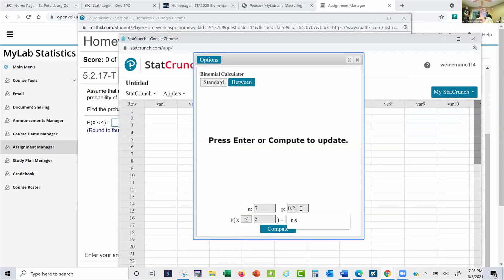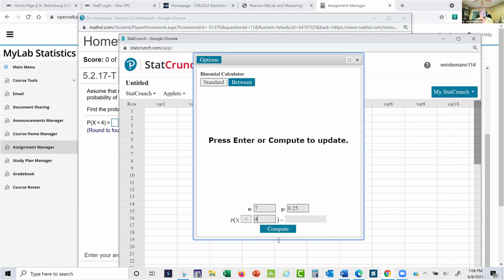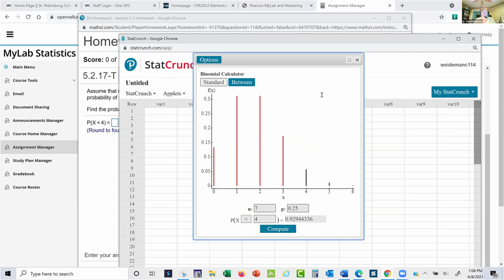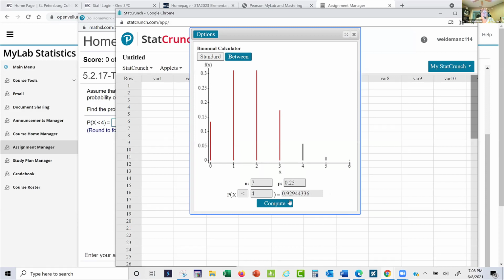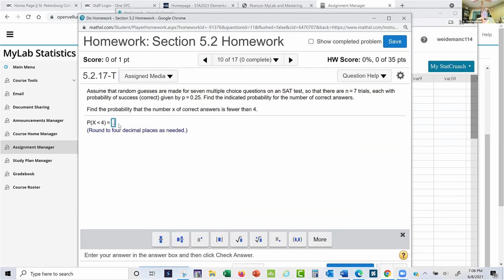So 0.25, less than 4, a strict inequality, and compute. 4 decimals, that's what I thought. So 0.9294. And that's all you do.